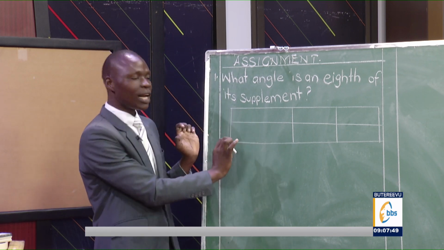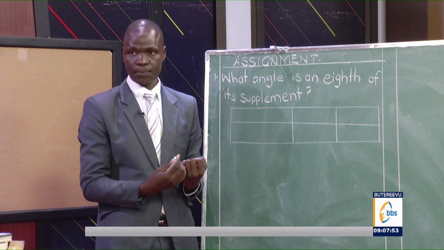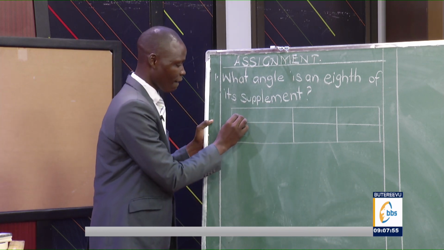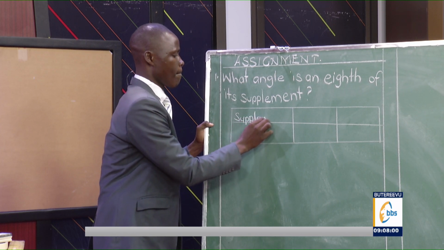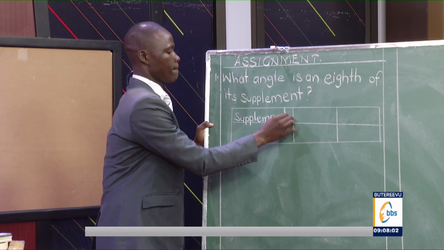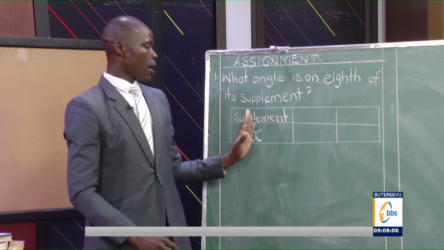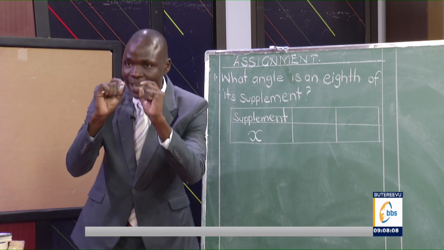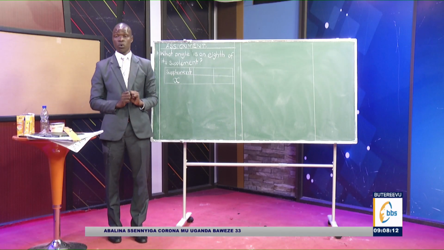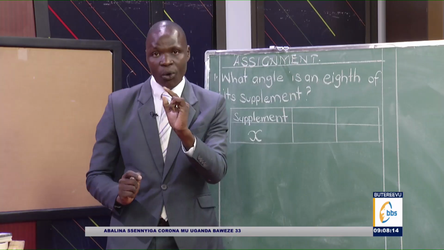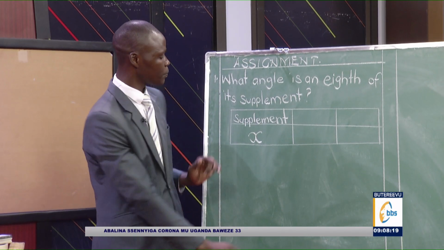So we shall assume, let the supplement be x. So once we know the supplement, it will be very easy for us to know the angle, because they are saying what angle is an eighth of its supplement.